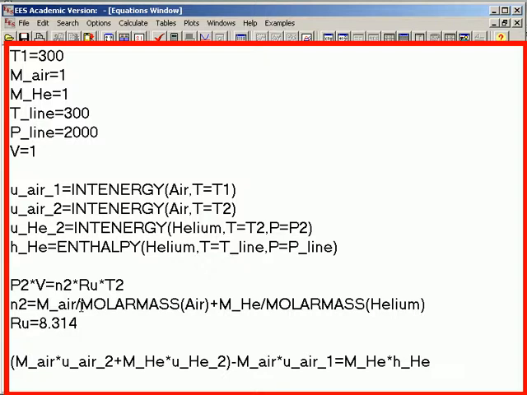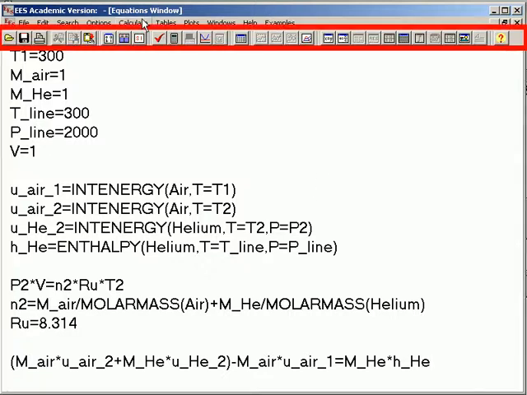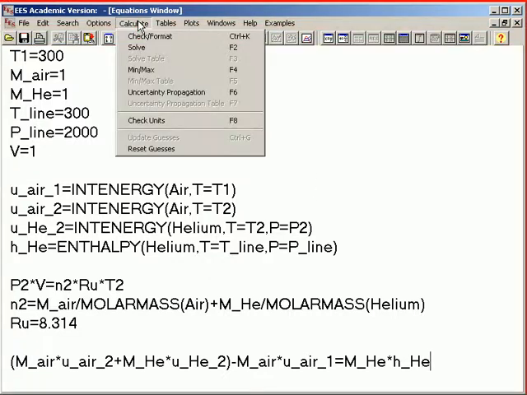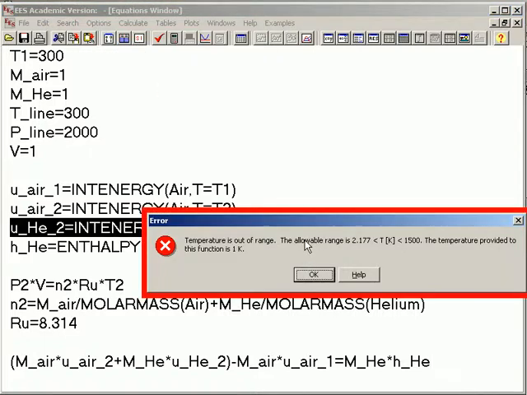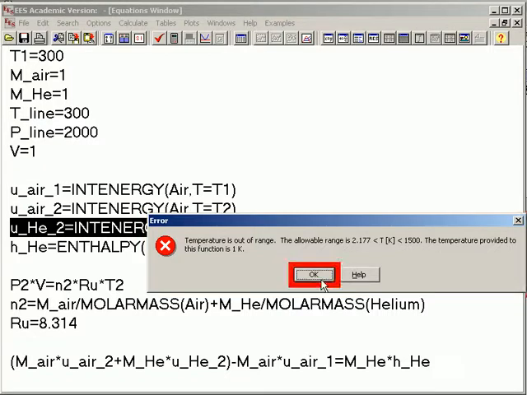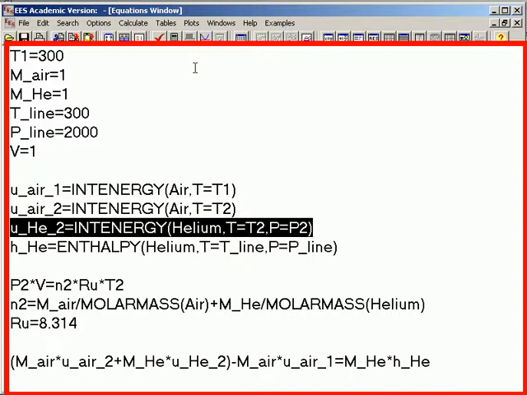Okay, so now we've got our units set, and we should, in principle, be ready to see if we can solve. So if we come to calculate and solve, we get an error message. It says that the temperature is out of range, the allowable range being 2.177 to 1500 Kelvin. The issue is that we are outside of that with our original guess value.